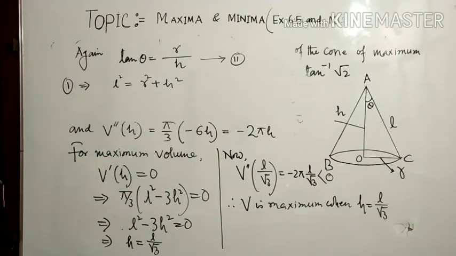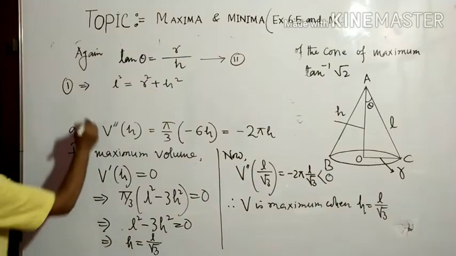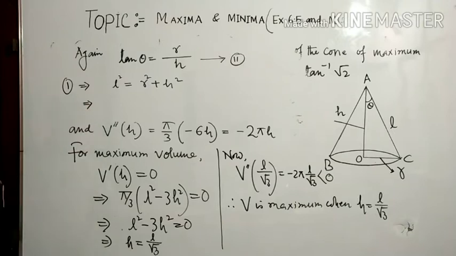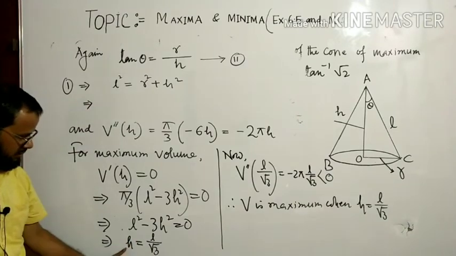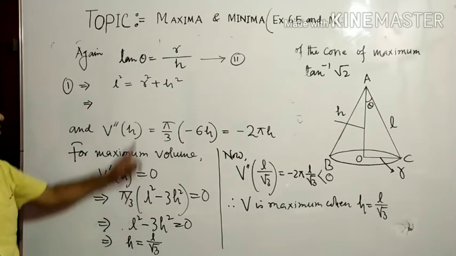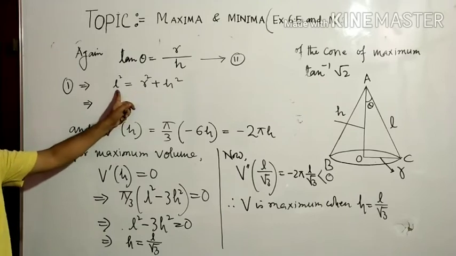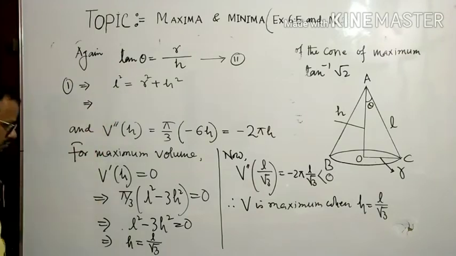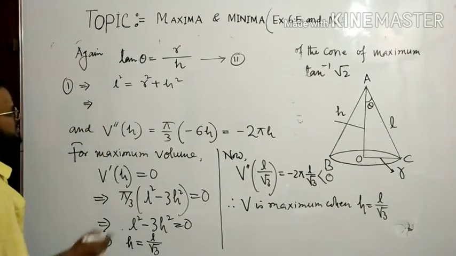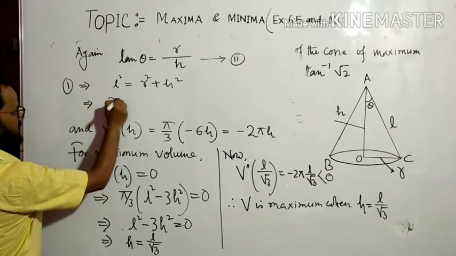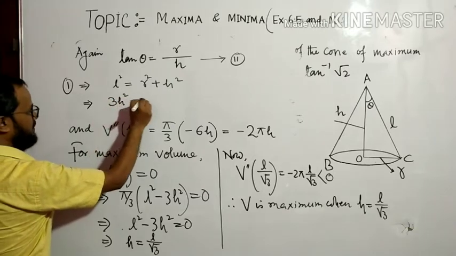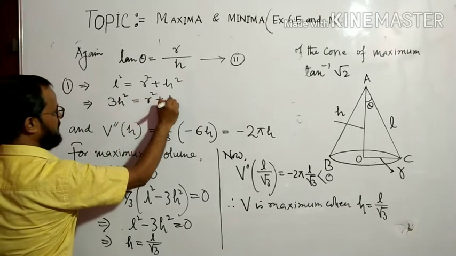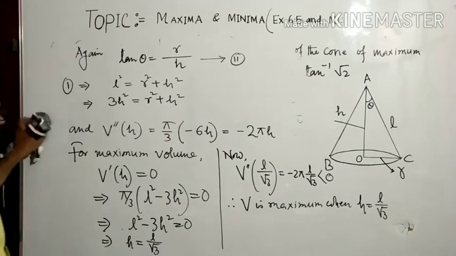Okay, so from here you see, if you replace the value of L equal to root 3h in this particular equation, our relation should come in R and H, so remove L, L equal to root 3h, so it will be 3h square equal to R square plus H square.